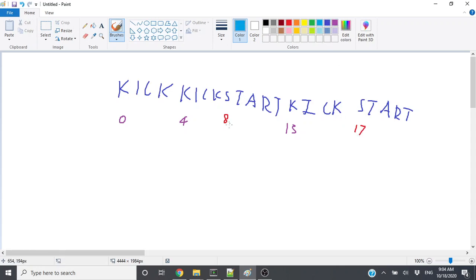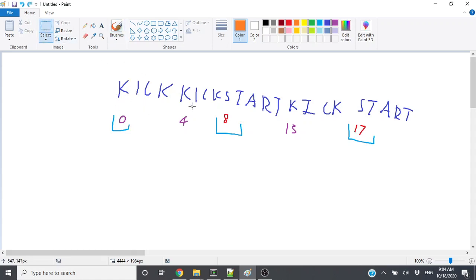So we're interested in the number of instances where there's a kick at some point and then there's a start after it somewhere. So let's just find, for each kick, how many starts there are after it. And then once we do that, we can sum up the value, because the number of starts after this kick is going to be the number of valid substrings where this kick is the beginning.